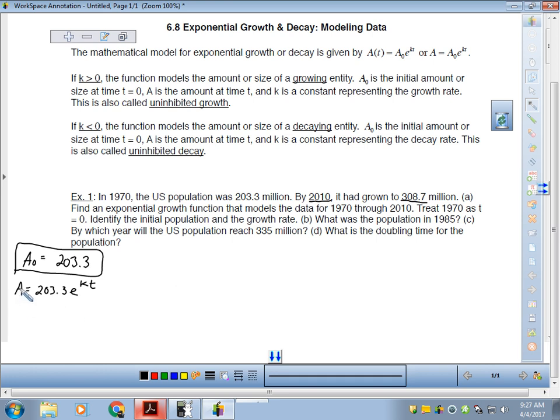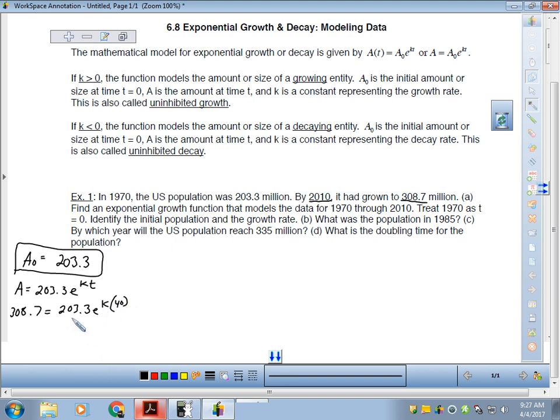So I can plug in for my A, my amount, 308.7 equals 203.3 e to the k. And I can plug in t because t is time since 1970. So how many years is it from 1970 to 2010? Well, it takes 30 to go to 2000, and then 10 more to get to 2010, so that's 40 up here. So k times 40.